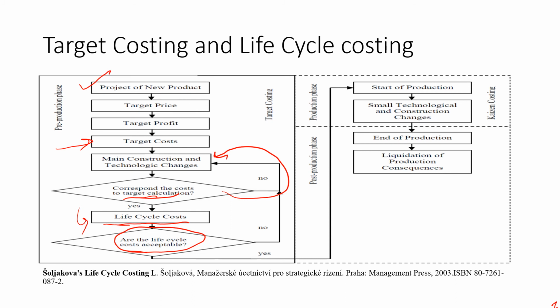Please remember, there is no production started as of now. These are all calculations before the start of production. If it is not acceptable, we go back to redesigning, again doing the value engineering process, looking at the features and how best we can maintain the features while cutting down on the cost. And once we are happy with the life cycle cost and we are happy with our target cost, then we go ahead with the production.